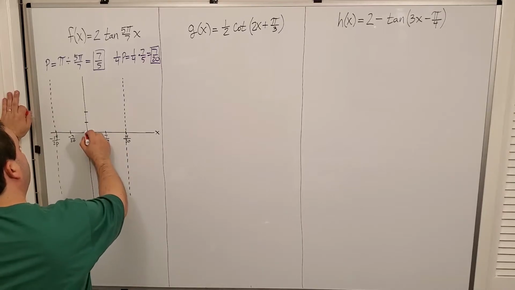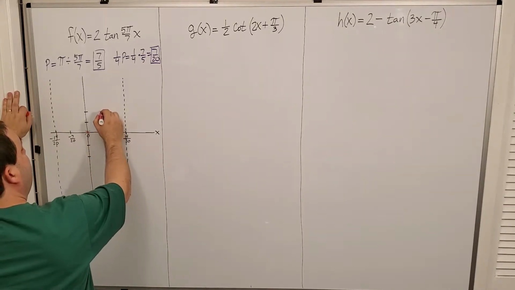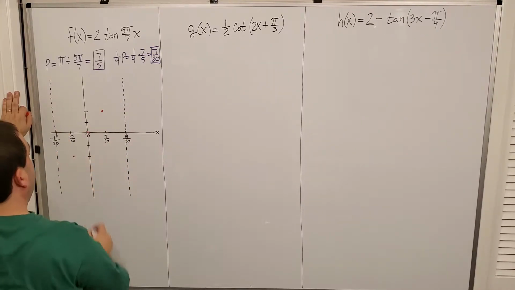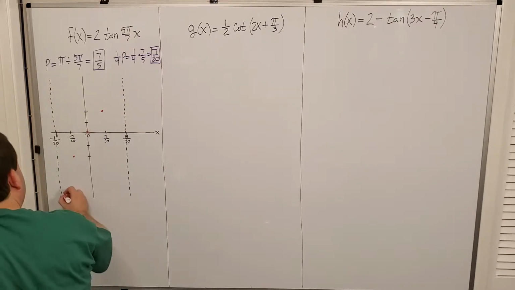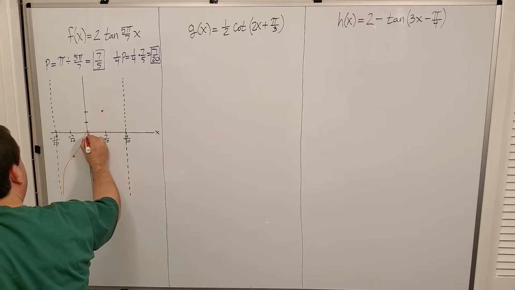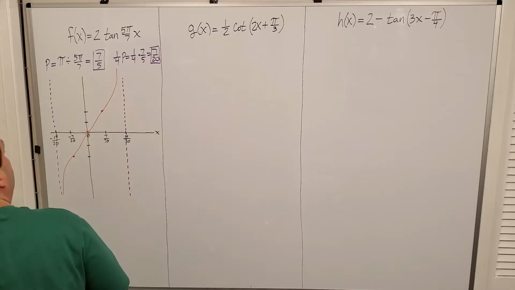So that would be here. And then on the quarter marks, it's at the amplitude. So that would be here and here. Beyond that, it's got to hug the asymptotes. So my tangent is going to go up. It's going to go through these 3 marks. And then it's going to hug again.